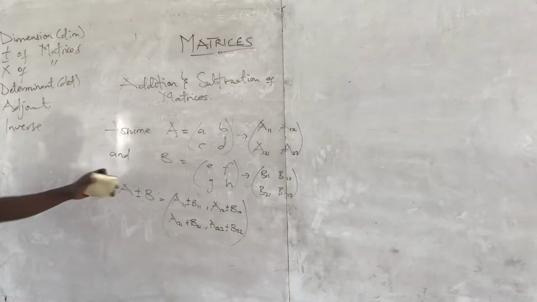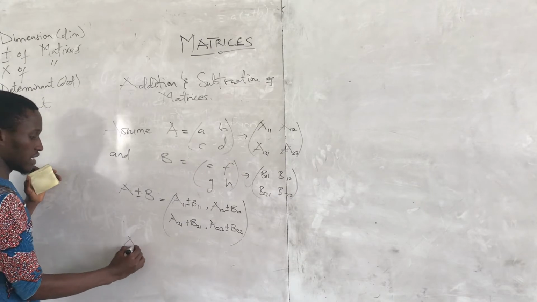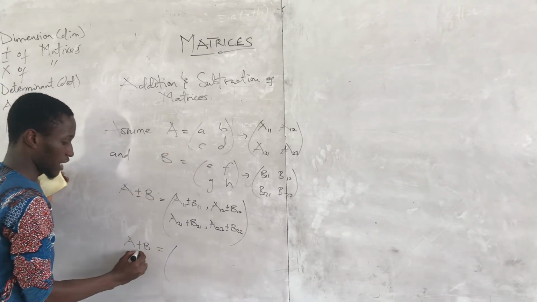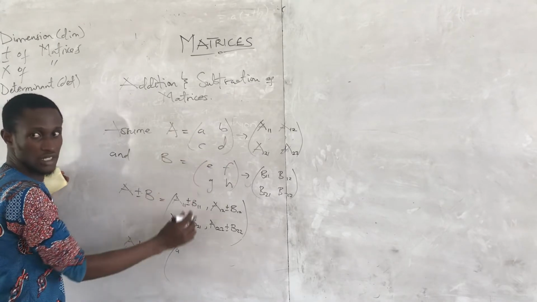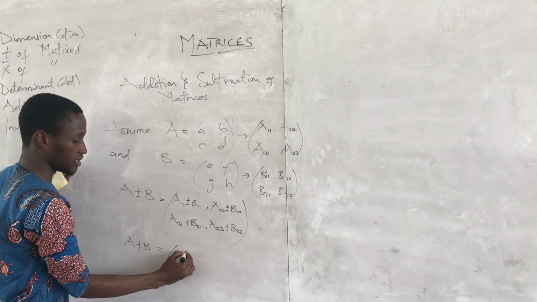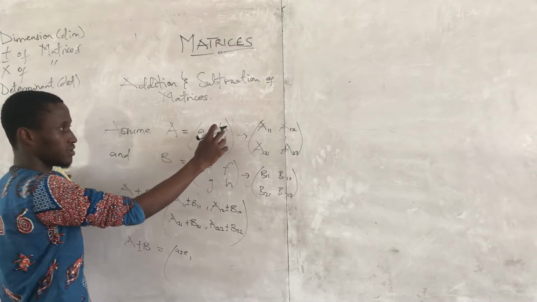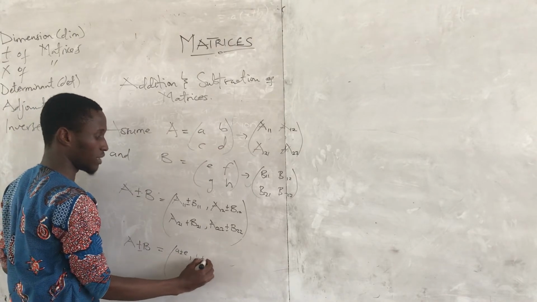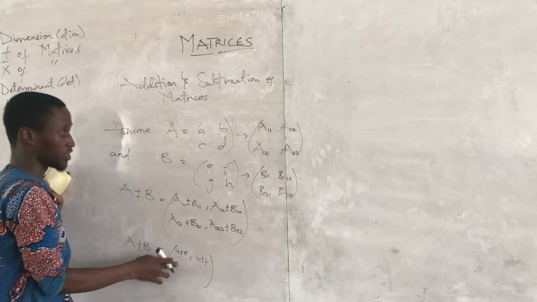So for instance, with A, B, C, D and E, F, G, H, A plus or minus B will be: I'll take the A, then I'll take that of E, A plus or minus E. And when I come to the second column of the first row, it is B here, so B plus or minus F. Then I'll come to the second row.